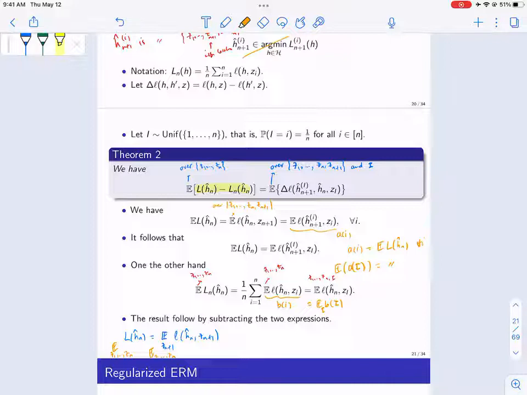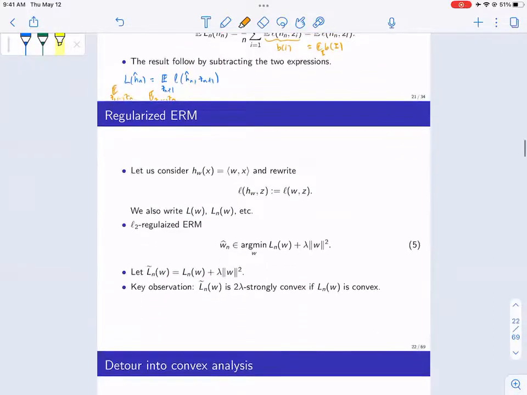You can't say something about a single instance, but once you average everything out, on average, this happens. So the point now is to control this difference under the regularization, and I get a bound on the expected difference in losses.